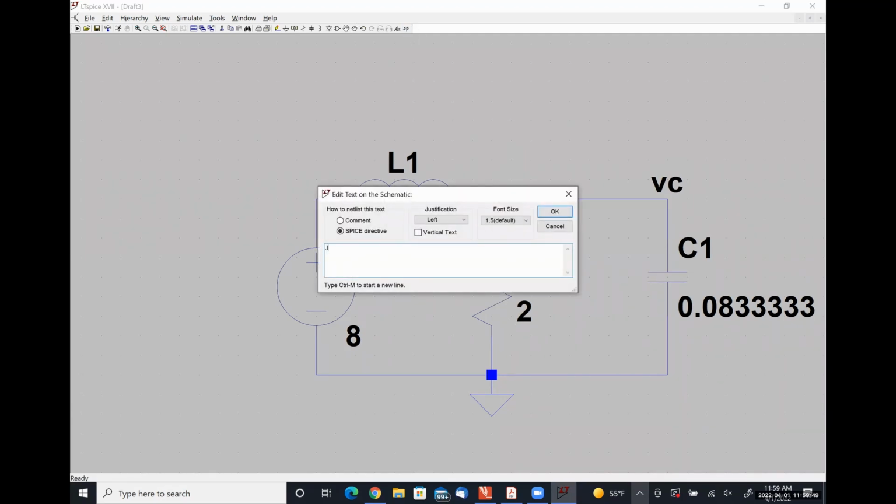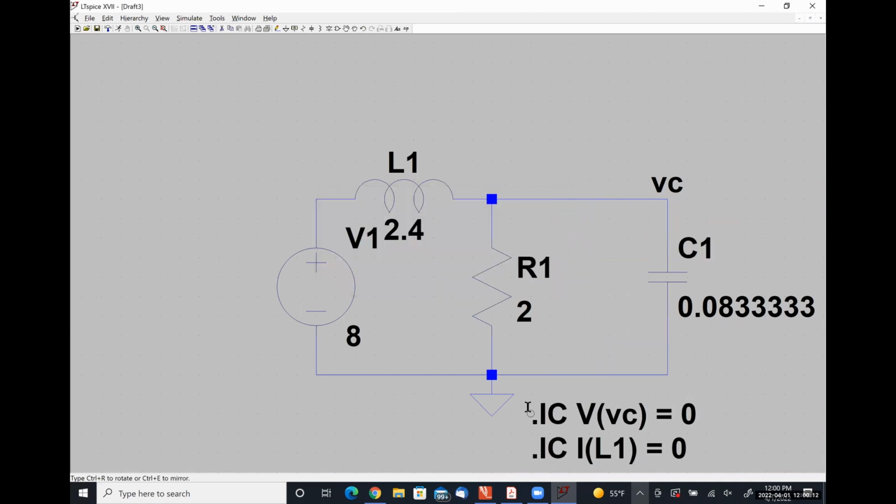So that's dot IC, the voltage at node VC equal to 0. Control M, dot IC, not a dot. The current through inductor L1, 0. Let's start with 5 seconds here and just see what falls out.